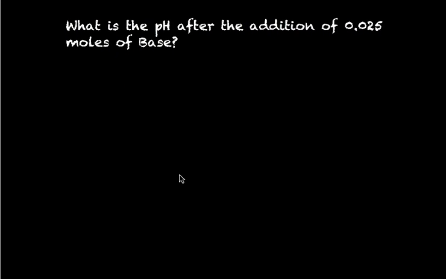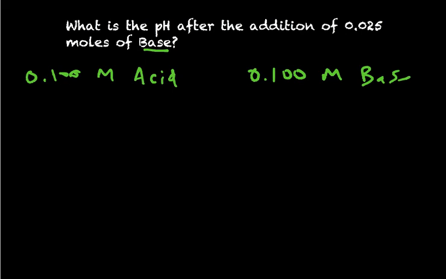Okay, now in the previous problem, we added acid, 0.025 moles of acid. Now we're adding a base. So let's start off with what we had from our previous. Our starting concentrations were 0.100 moles of acid and 0.100 moles of our base.